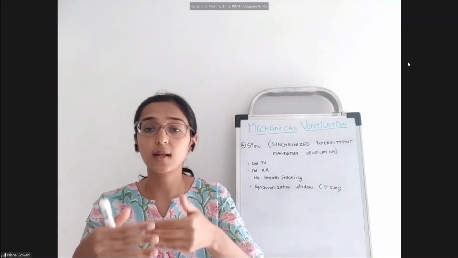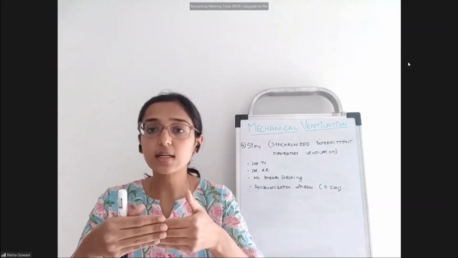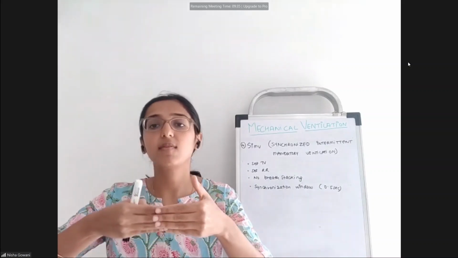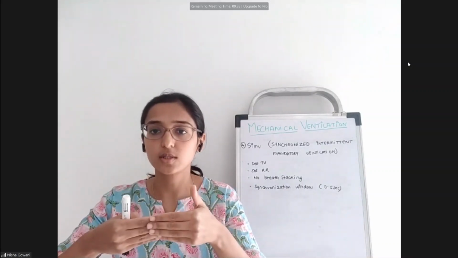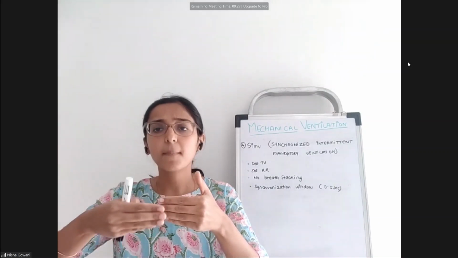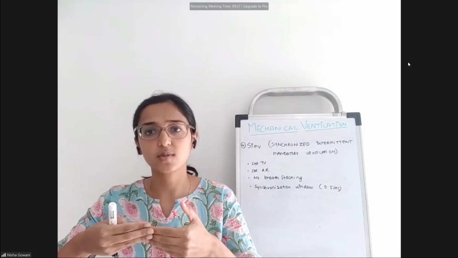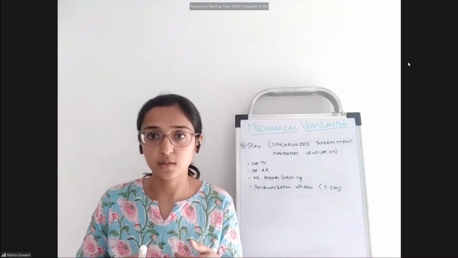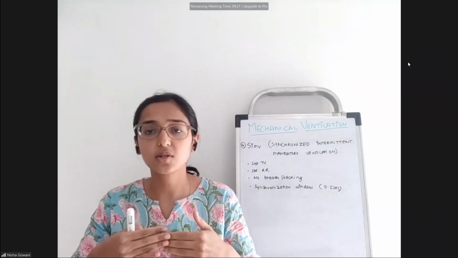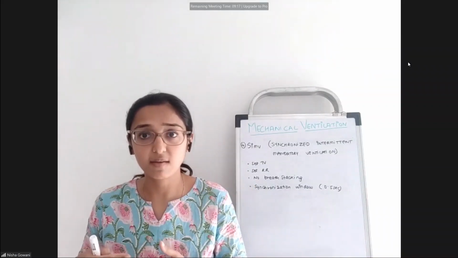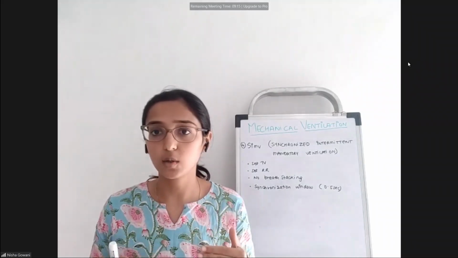If yes, it will make sure there's a synchrony. So the patient's effort occurs and the mandatory breath will be given along with that patient's effort. The mandatory breath will get a little bit preponed by 0.1 second or by 0.2 second, and it will be given along with the patient's own spontaneous efforts. All right. So there is a synchronization between the patient's efforts and the mandatory breath that is to be given. So breath stacking will not occur.